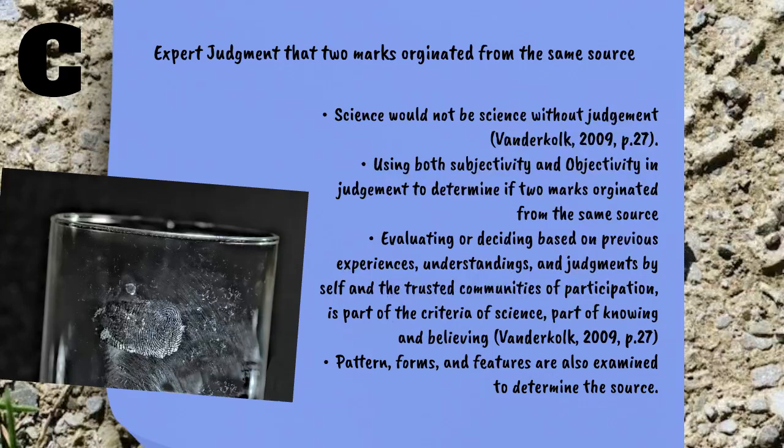Subjectivity allows us to put our personal opinions inside of a case, and objectivity also allows us to determine that, because they both have judgment in there. To determine whether marks come from the same source, we can go back and depend on the different patterns or forms of features that we see from an image or an object.